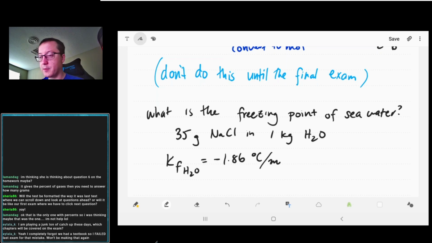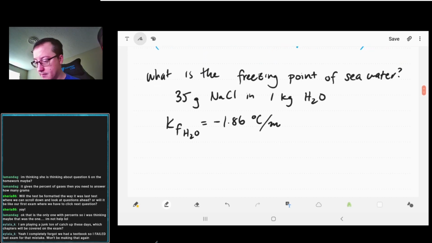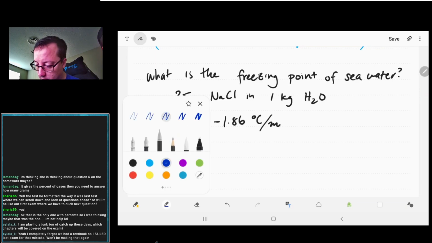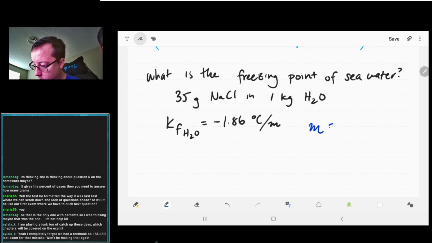So let me just look up sodium chloride's molar mass so we don't have to add two numbers together. 58.44. Okay. Alrighty, so with this, remember for molality we want to do moles per kilogram.